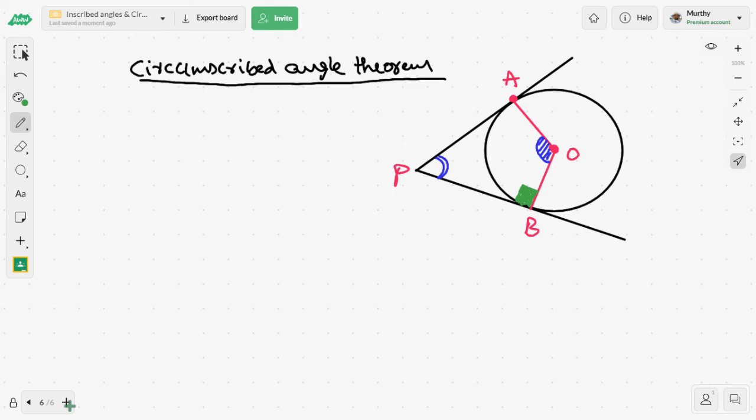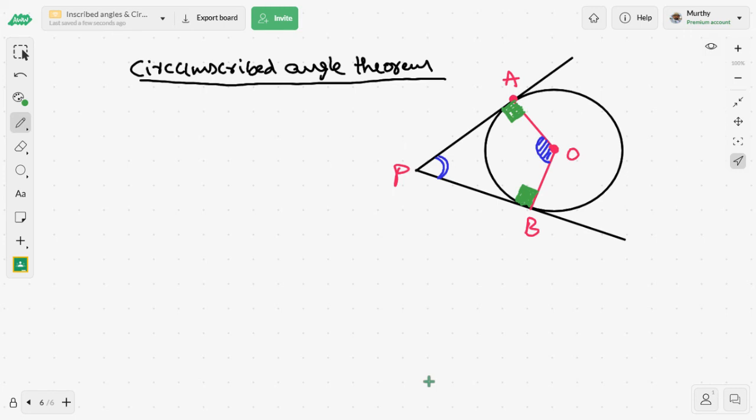Not only here, I see that OA is a radius and PA is a tangent. The angle between OA and PA is 90 degrees. You know that the sum of the four angles of a quadrilateral is 360 degrees.